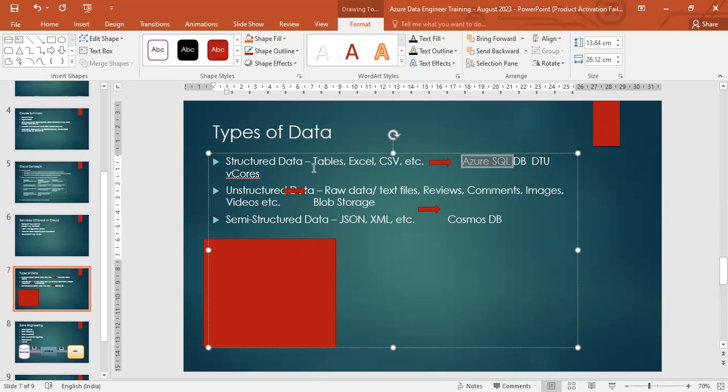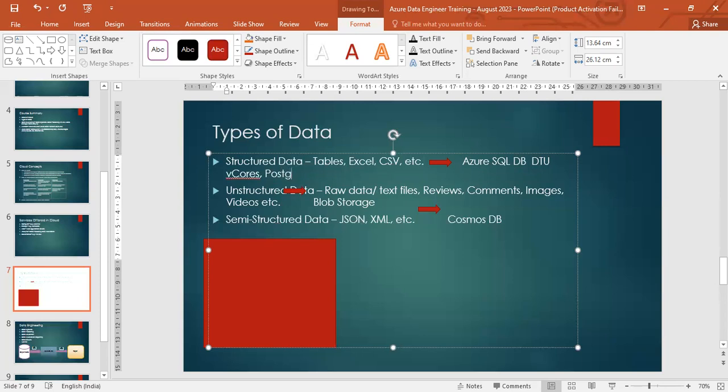To know these things, understanding the types of data is important. The on-prem server will, in most cases, have structured data. In that case, wouldn't Azure SQL DB be the answer for that? You can use blob storage also, and PostgreSQL DB is also there.